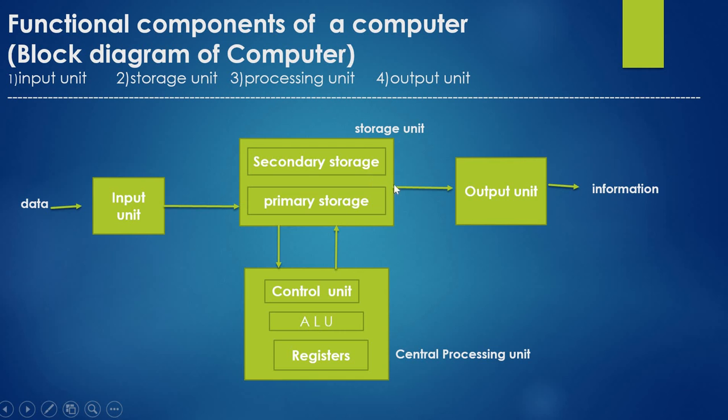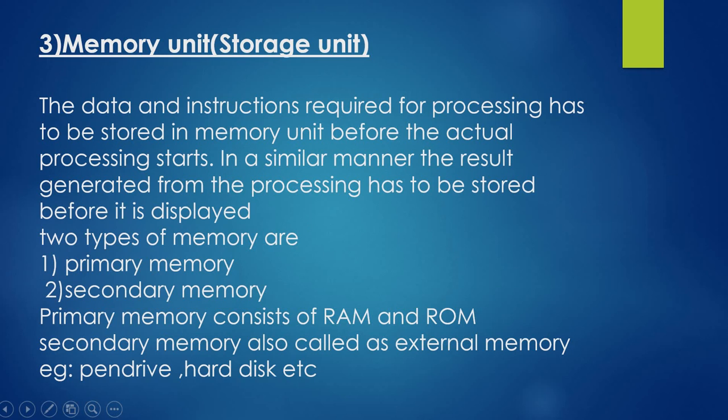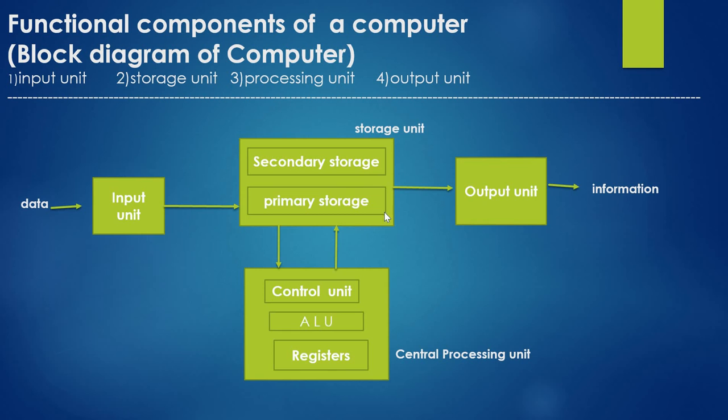Then what is the function of this output unit? Let's see, it is used to print or display the result which is stored in the memory unit. The output unit converts the data from the binary form to human understandable form before it displays the result. Means, see here, after processing the data, the result is stored in the storage unit.